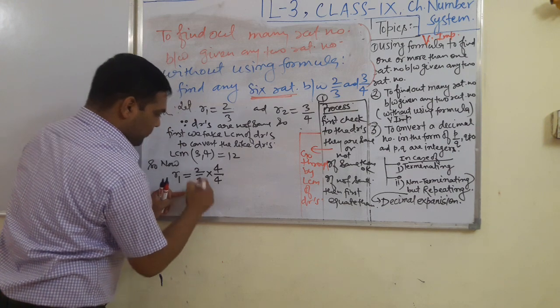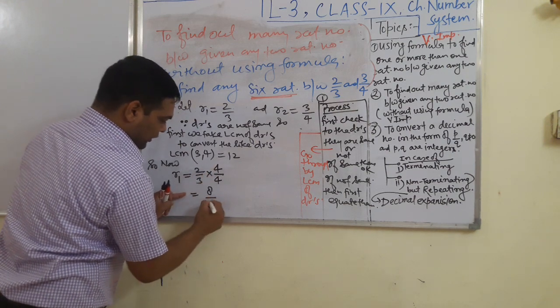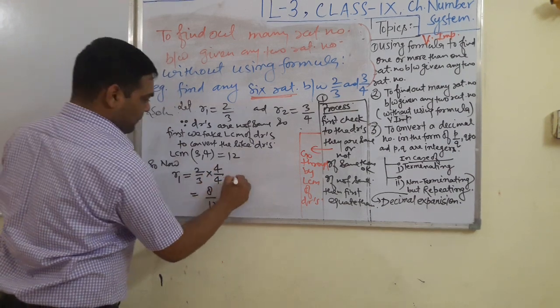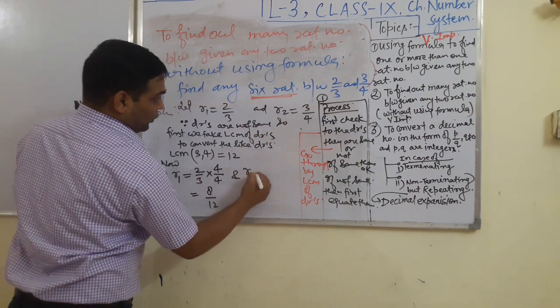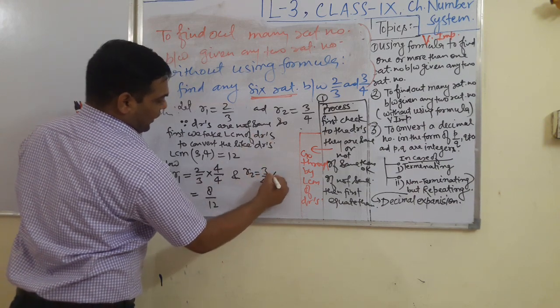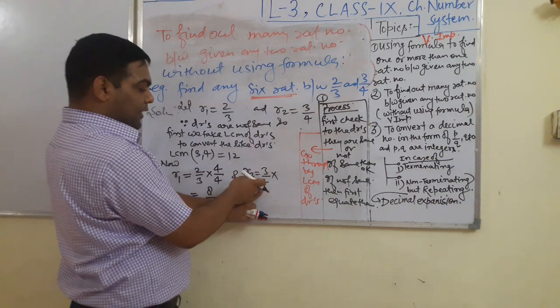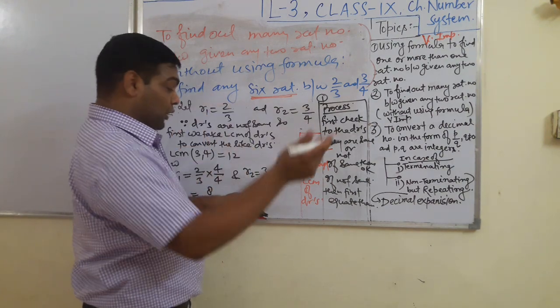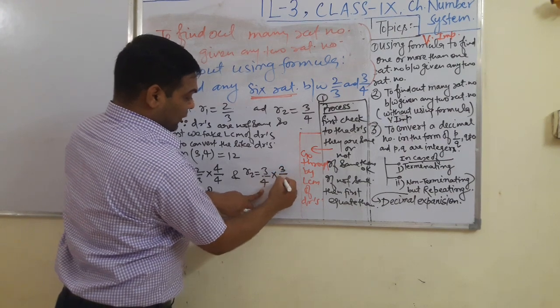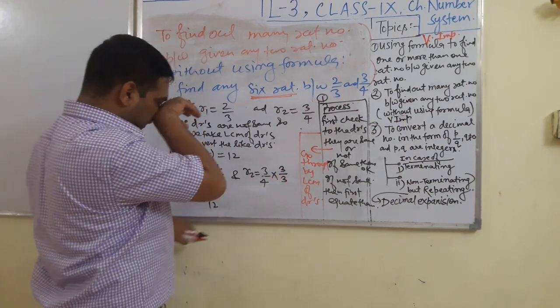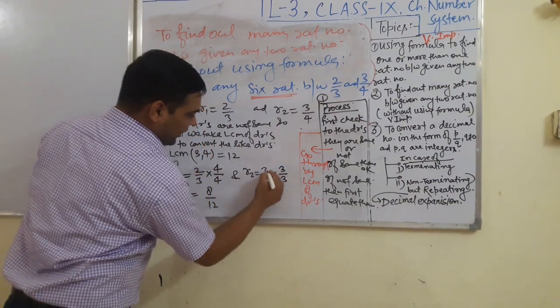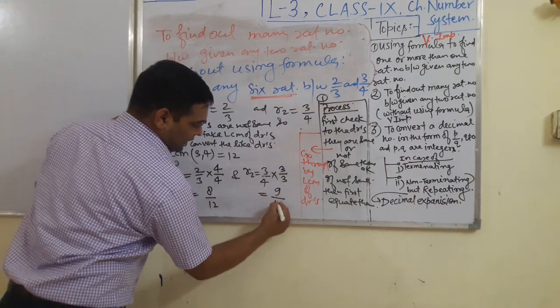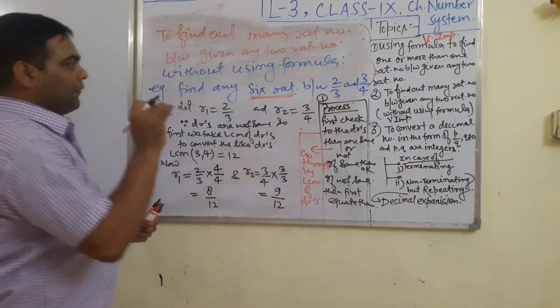What do we have now? 2 4s are 8, 4 3s are 12. In the same way, R2 is 3 by 4 and we want 12 here. So by what number will denominator 4 get multiplied? 4 3s are 12. So we multiply numerator and denominator by 3. What will we get, students? 3 3s are 9, 4 3s are 12. This is the first step.